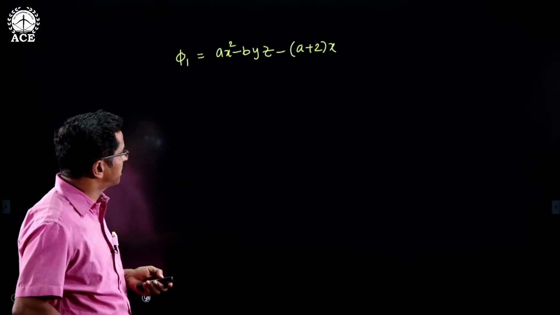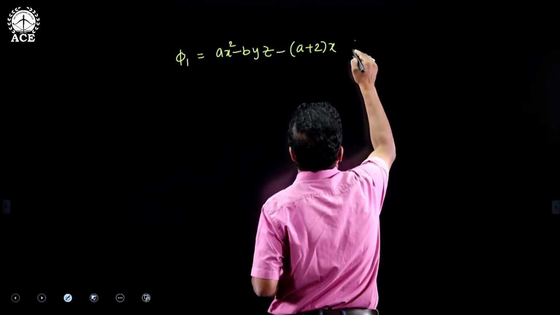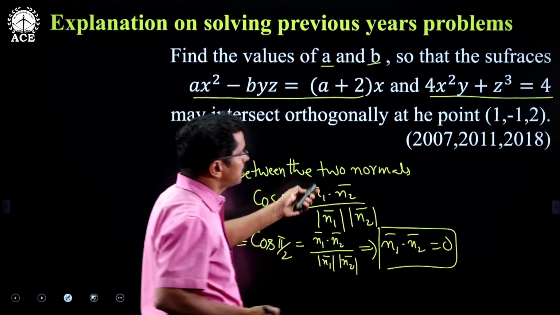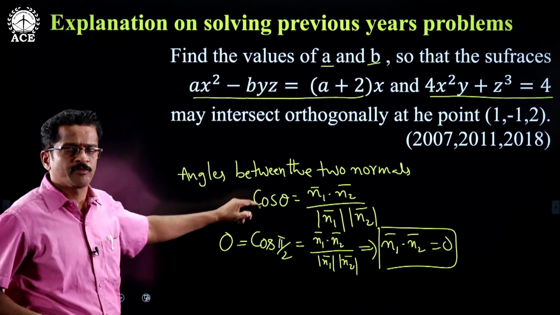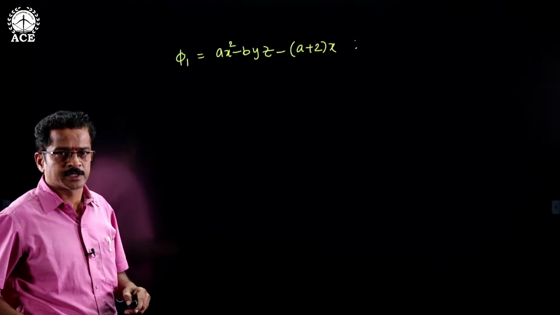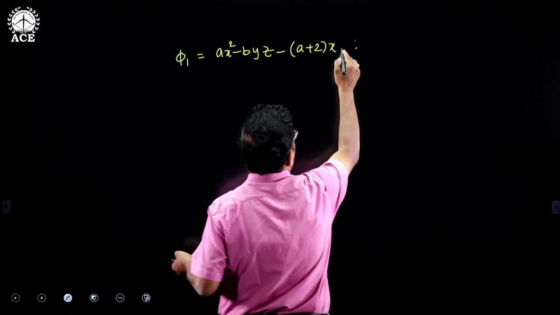This first surface function is equal to 0, but I am not taking that for defining normal vectors. Equal to 0 is there, if you want you can take.